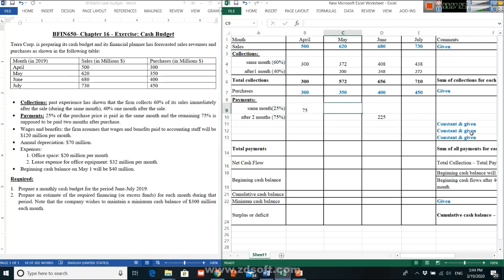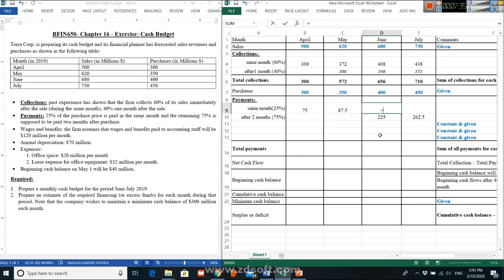Now regarding May, 0.25 times the amount of purchases in May, the remaining 75% after 2 months, so in May, June, July. So 0.75 times the amount of purchases in May.